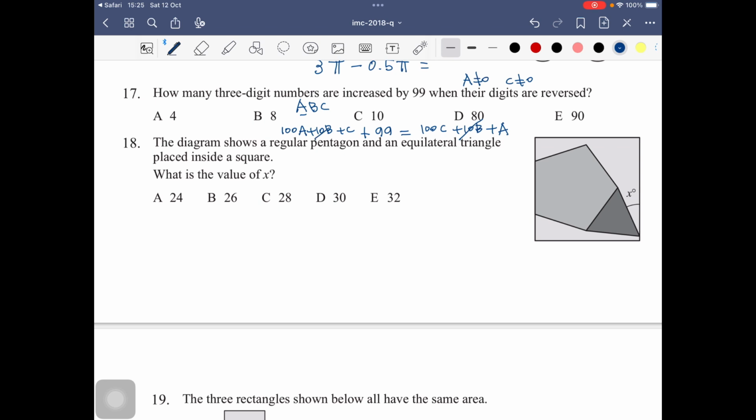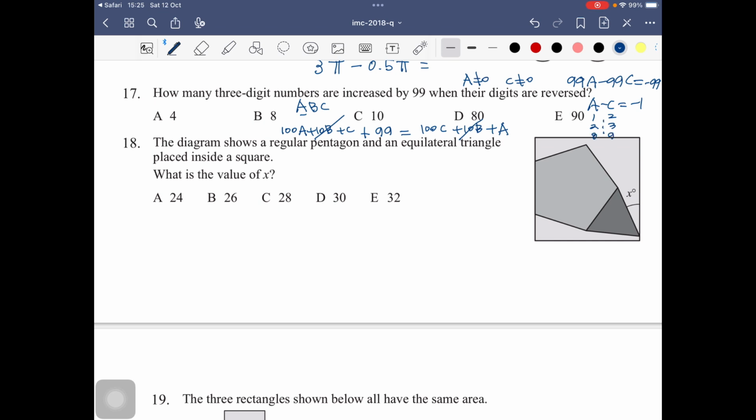So 99A minus 99C equals negative 99. So A minus C equals negative 1. So A should be 1 less than C. For example, 1 and 2, 2 and 3, let's say 8 and 9.